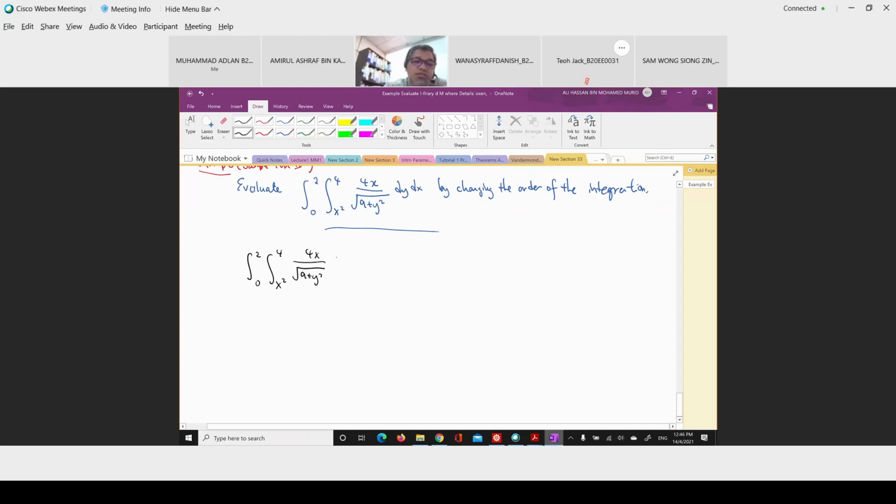When it says changing the order of integration, it doesn't mean that you write the inner integral with limits 0 to 2 and the outer integral with limits x squared up to 4. This is not what it is saying.